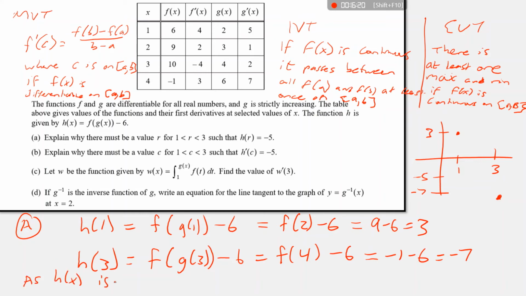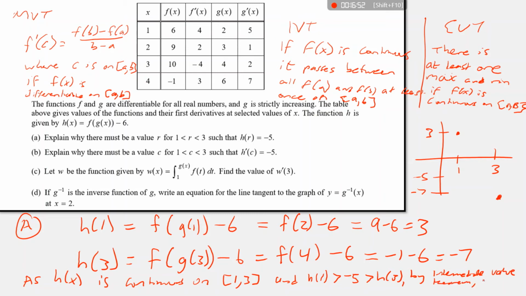So there we go. h of x is continuous on the interval 1 to 3, and h at 1 is greater than negative 5 is greater than h of 3, by the intermediate value theorem, h at C equals negative 5 for some C on the interval 1, 3.